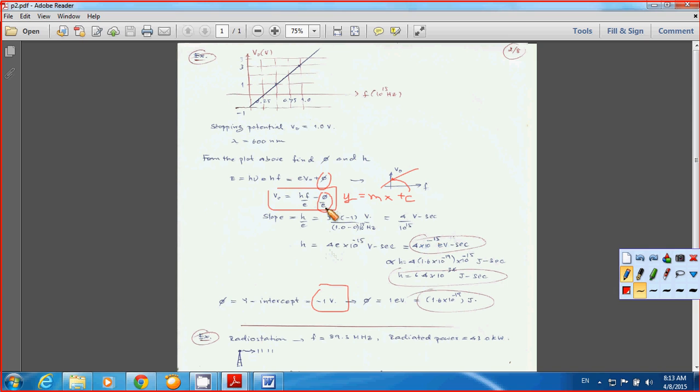And for your phi, you have e right here. Phi over e equals negative 1 volt, and you move e up here, so the unit of phi becomes 1 electron volt. You don't have to do anything with 1. And if you want phi in joules, you simply multiply 1 by 1.6 × 10^-19, right? You have to play around with units. Don't get confused, otherwise you will get a wrong number.